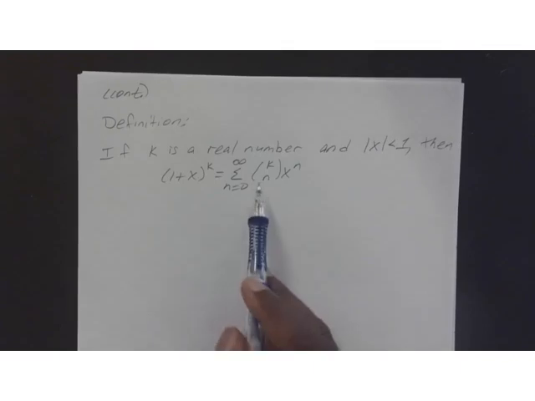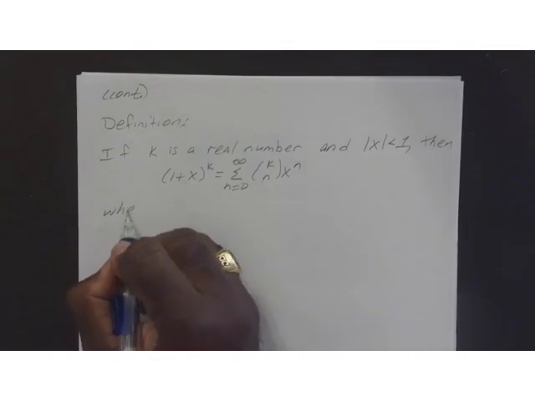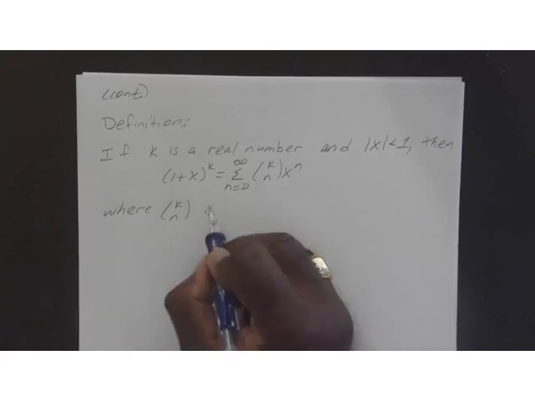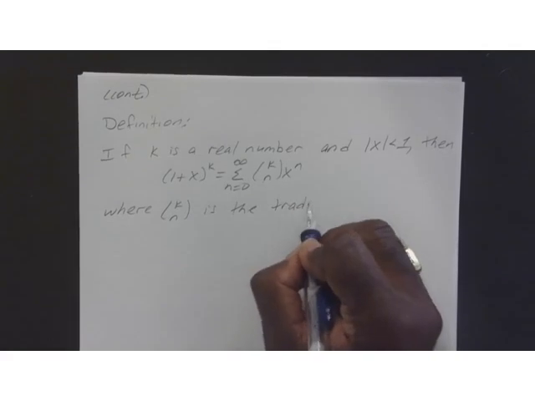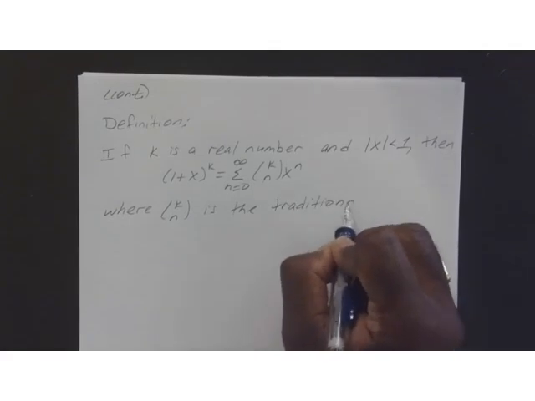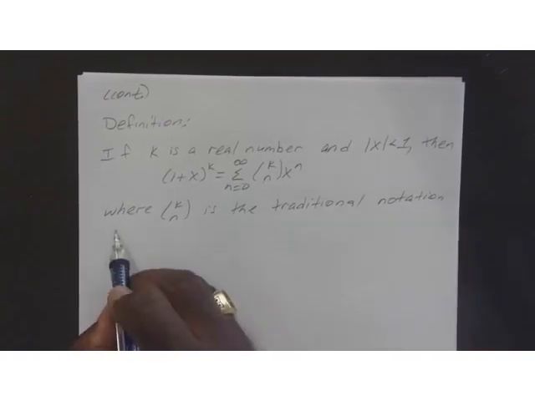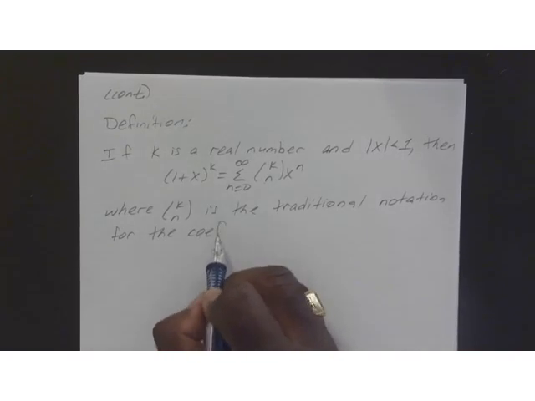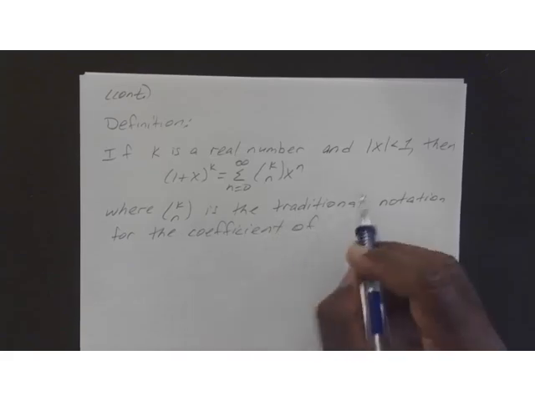And that's just the coefficient notation. Where we know that this is the coefficient, I guess you can call it the traditional notation for the coefficient of the binomial series.